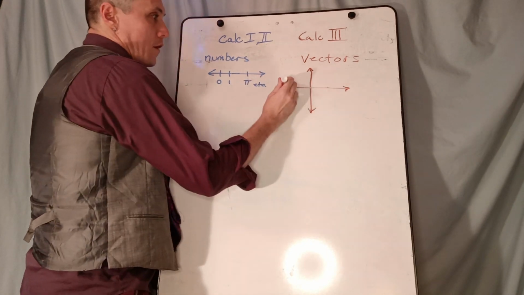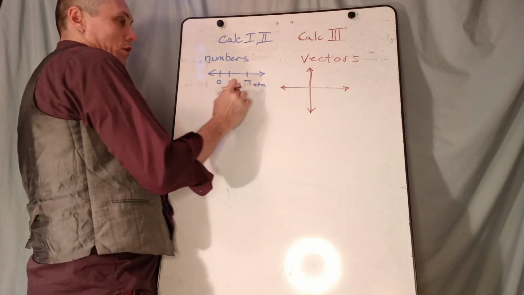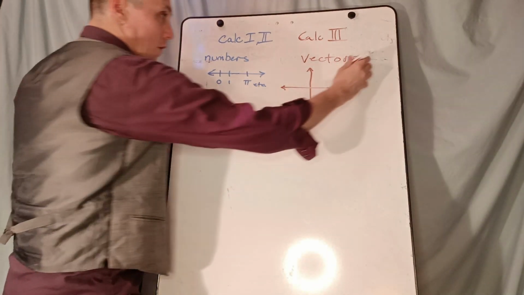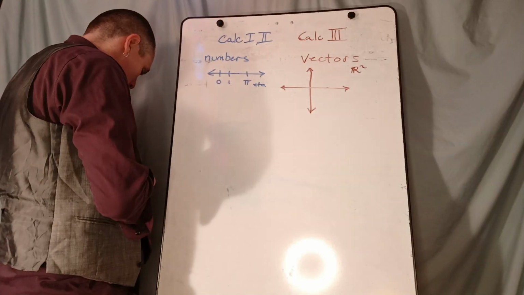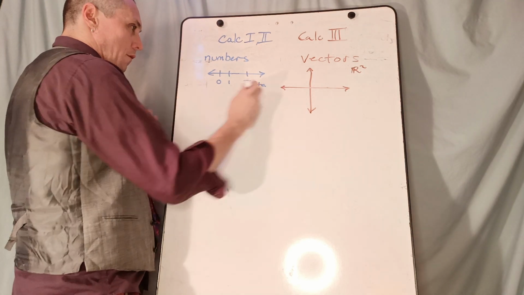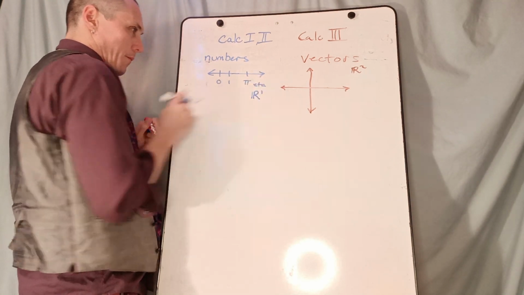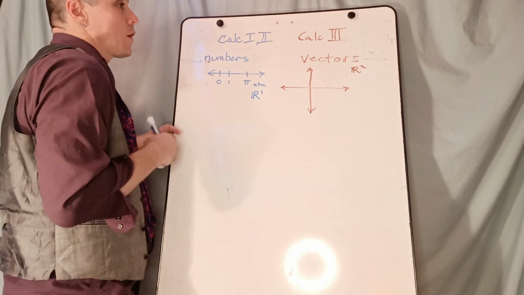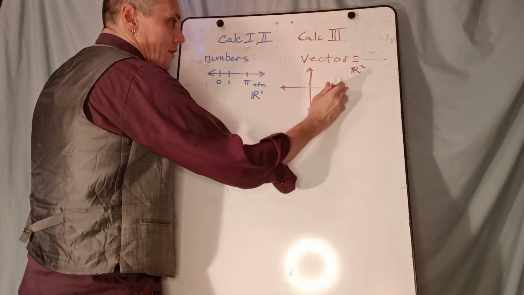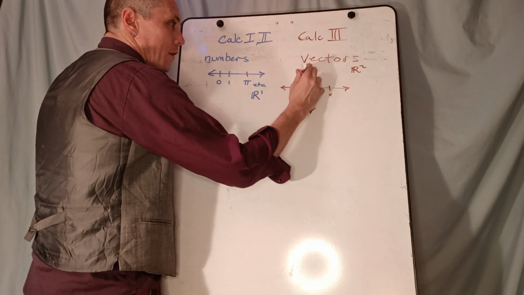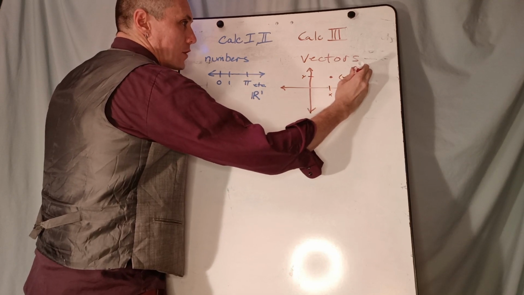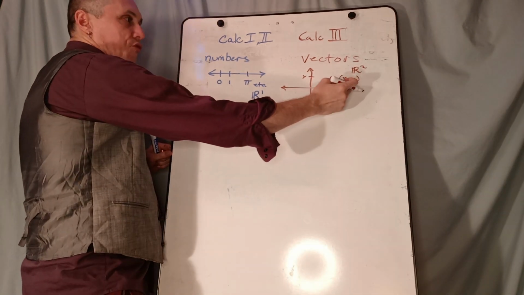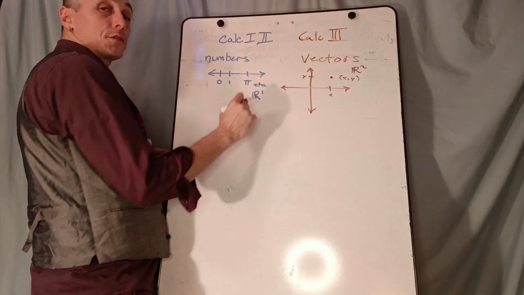So in the case of R2, this is the plane of numbers, as opposed to R1, the line of numbers. You're used to giving some kind of x and y coordinate and treating this as the coordinate pair x, y, a single object which represents two quantities.